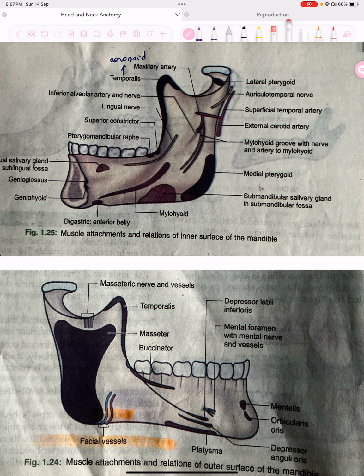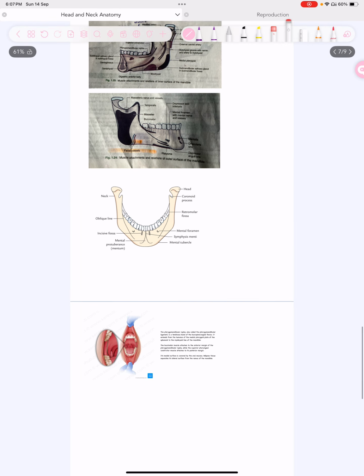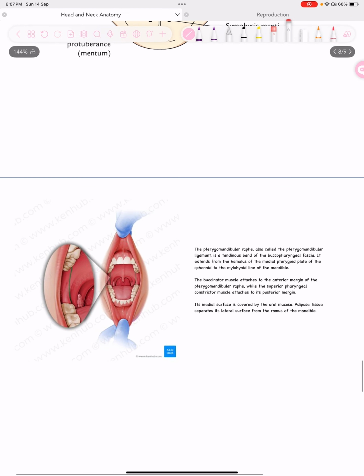And then right in front of that, you have the attachment of pterygomandibular raphe. Pterygomandibular raphe is attached immediately behind the third molar tooth in continuation with the origin of this superior constrictor. Now, what is pterygomandibular raphe? I've attached this photo from Kenhub.